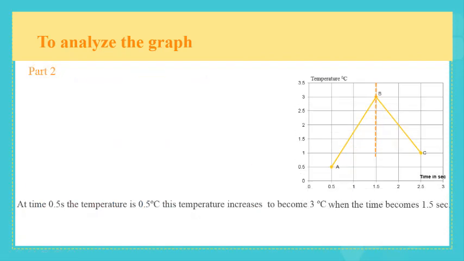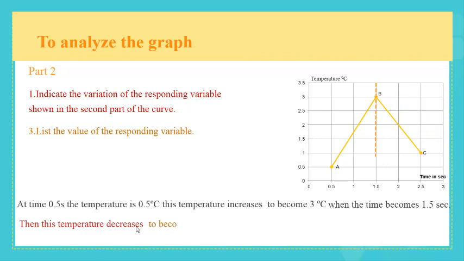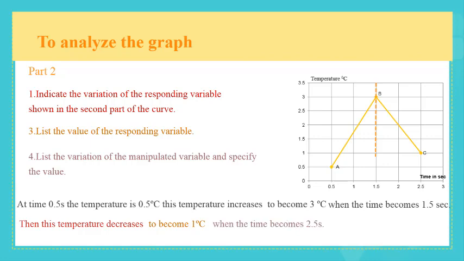Part 2, from point B to point C. First, indicate the variation of the responding variable, temperature, shown in the second part of the curve. Decreases, so we write this temperature decreases to become 1 degree Celsius. Now, list the variation of the manipulated variable, which is time, and specify the value: when the time becomes 2.5 seconds.